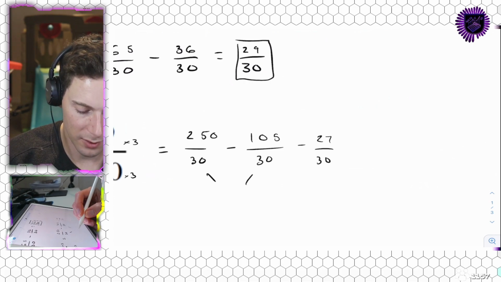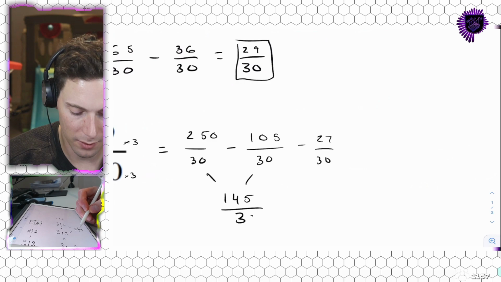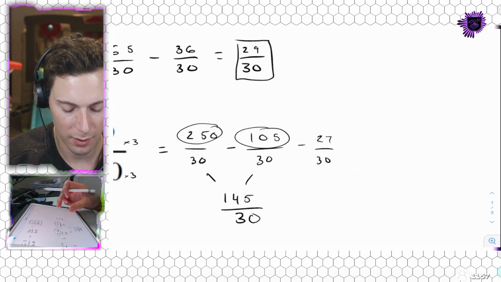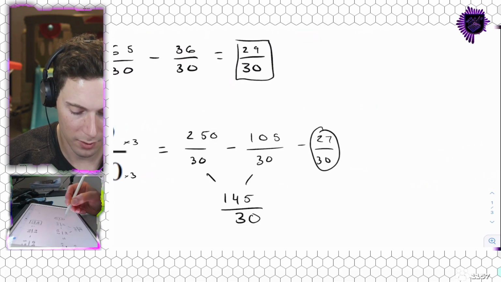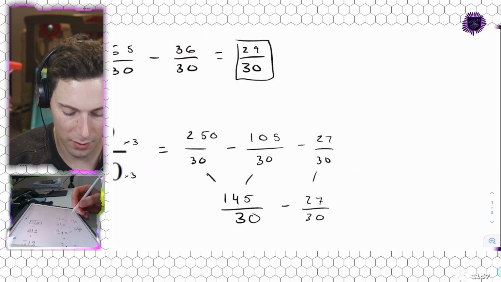So this is going to equal 145 30ths, right? So 250 subtract 105 30ths. And then I'm going to drop this number down here and subtract it. So 27 30ths.